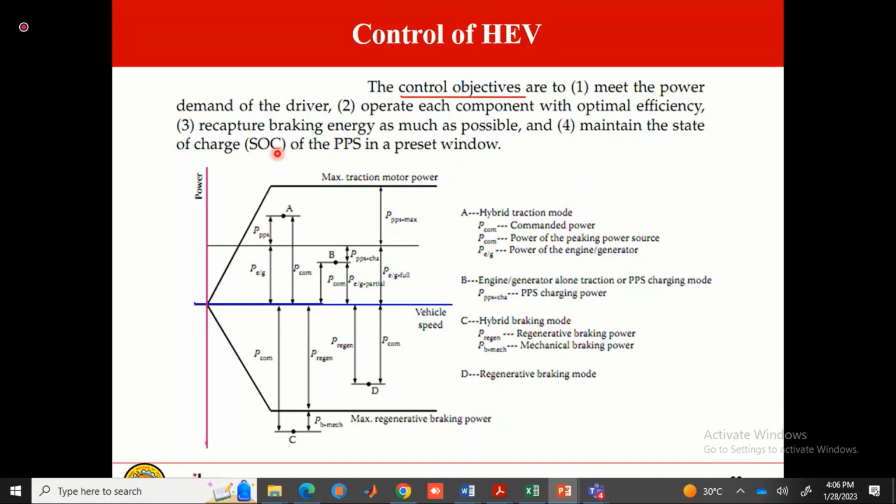So I always want to ensure that my SOC should be in the topmost bracket. For example, 70%, 75%, 80%, or at least more than 60%. So that is one of the control objectives, right?